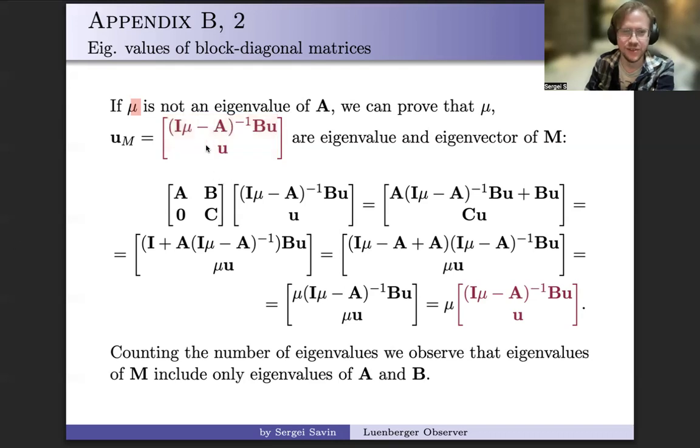So as before, we just multiply our matrix by this vector, right?